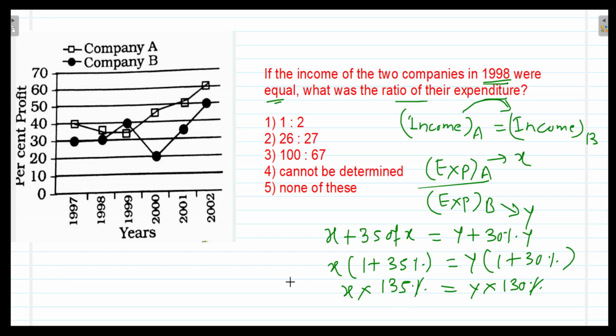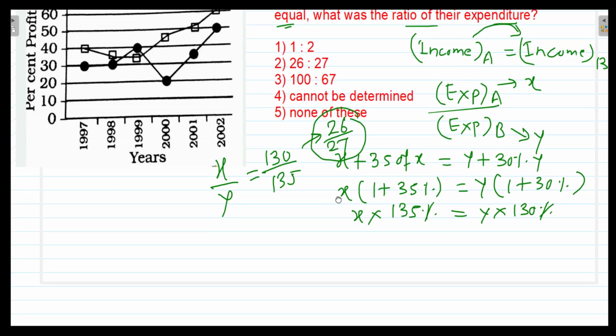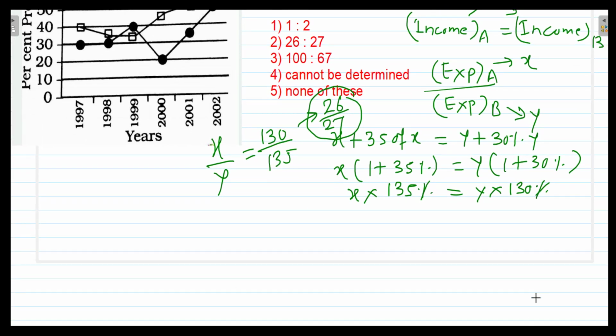So percent will get cancelled and you will get X upon Y. If you take Y to this side, it will be X upon Y, which is equal to 130 upon 135, and 130 upon 135 is equal to 26 by 27. So the ratio of their expenditures is 26:27.